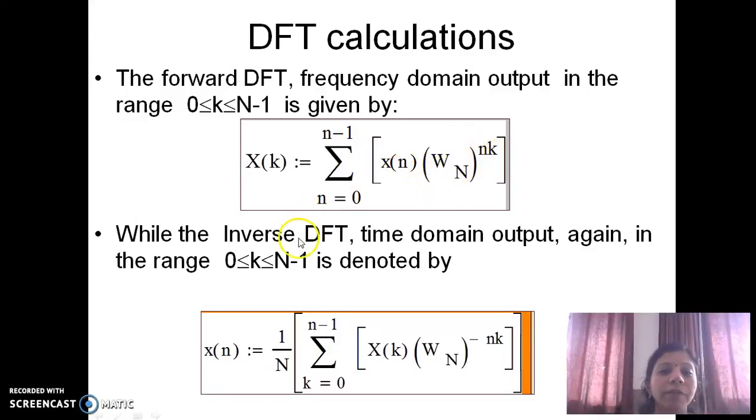While the inverse DFT gives you the time domain output again in the range of 0 to N minus 1 and is denoted by x of n equals 1 by N summation of k equals 0 to N minus 1 X of k W_N raised to minus nk.